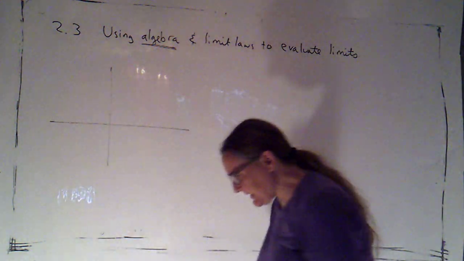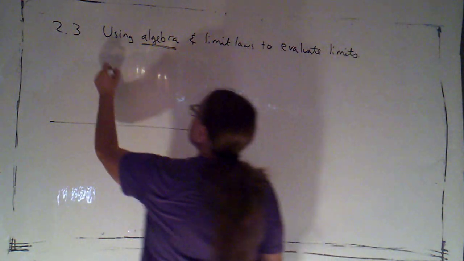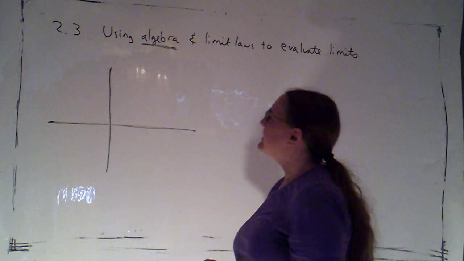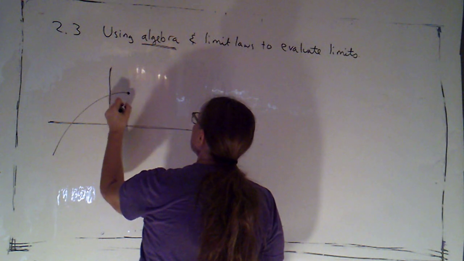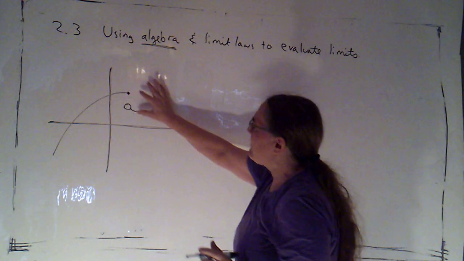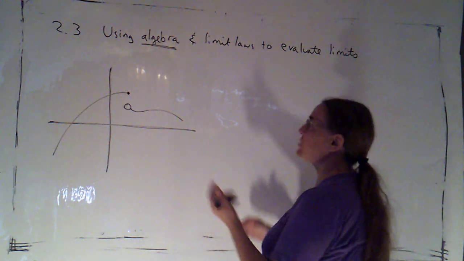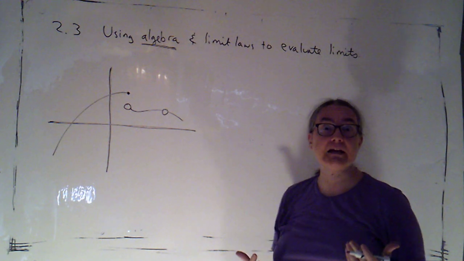As we looked at a bunch of graphs, we very often were concerned with what happened at places like this, where something weird happened, where there was a jump, or maybe a place where there was a hole in the graph like here.